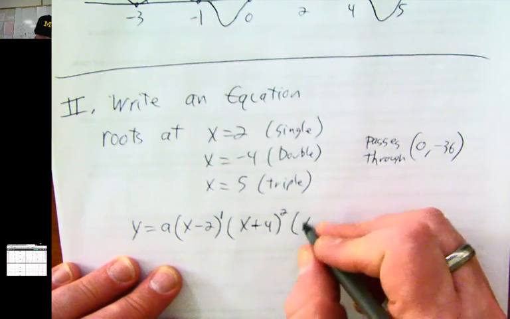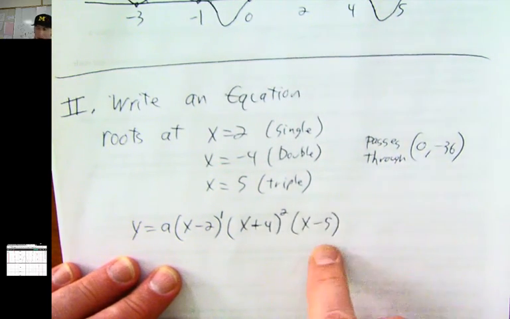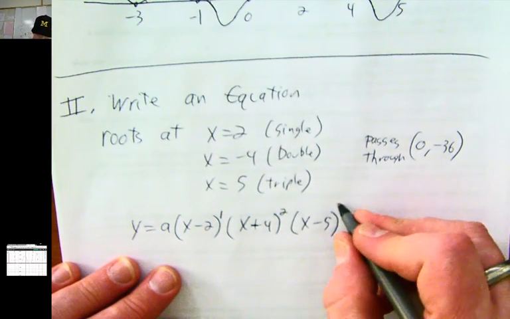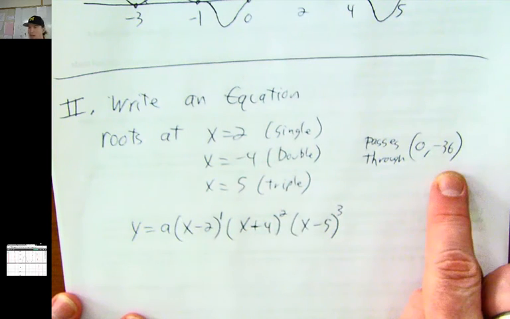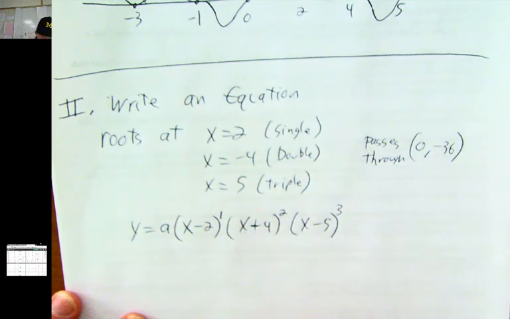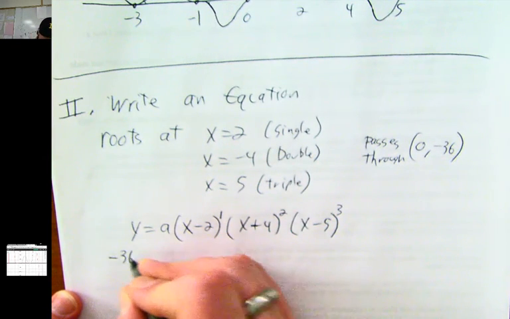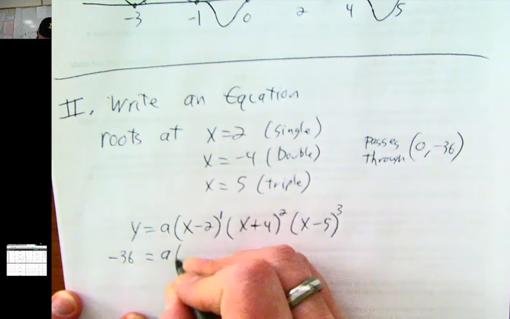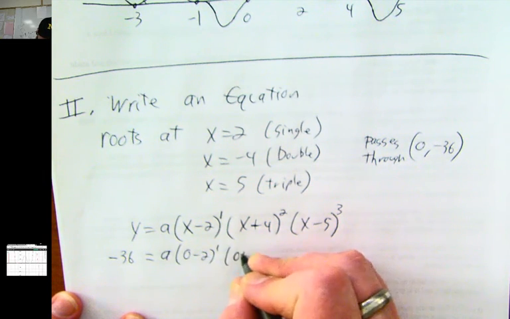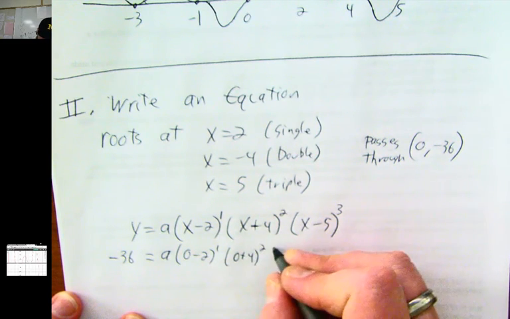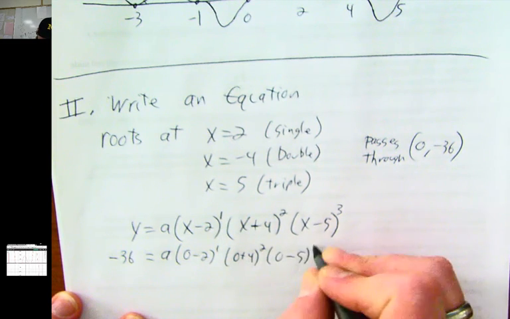And the 5, so I'd have (x minus 5). But that's a triple, so it's to the 3rd power. Now the point 0, -36 comes into the equation. So it becomes -36 equals a times (0 minus 2) to the 1st, (0 plus 4) to the 2nd, and (0 minus 5) to the 3rd.